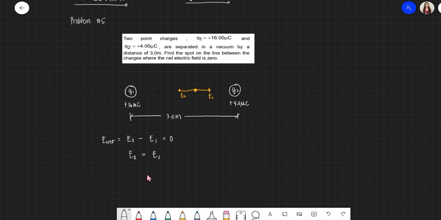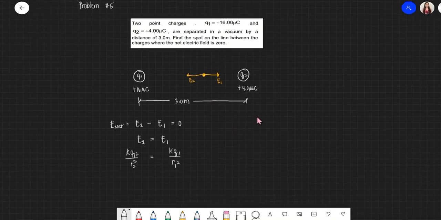E is equal to KQ over R squared. So E2 is KQ2 over R sub 2 squared, and here we have KQ sub 1 over R sub 1 squared. We don't know the point. This is the spot here where the field is 0, and this is a total of 3 meters.